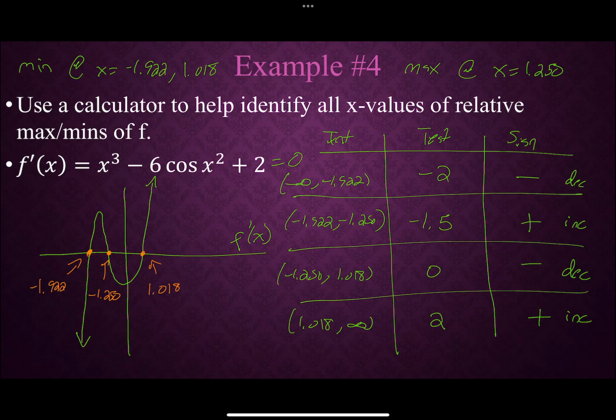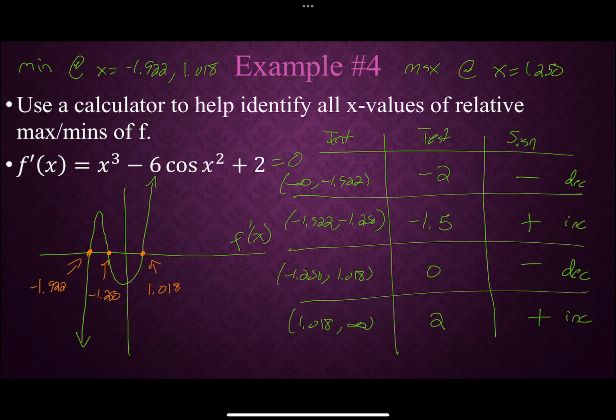So I go to my calculator, I do my math and deriv for this equation, x cubed minus 6 cosine of x squared plus 2, and I tell it to do it at the value of negative 1.922. And it's going to give me a positive value, 23.18645002. Positive means min, which we already said it was. So that's one other area where the second derivative test might be to your benefit. It just, again, entirely depends on what you want to do with that.